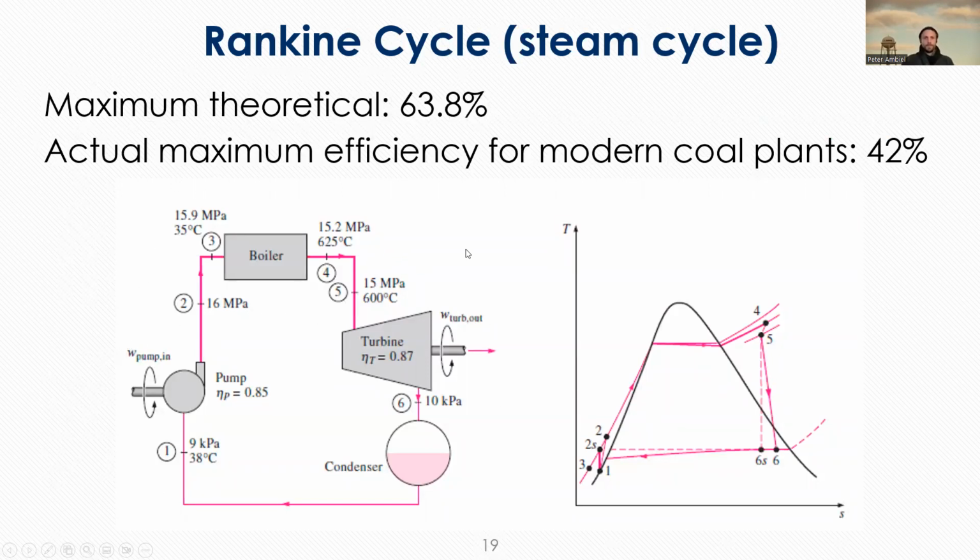In this diagram here, this is known as a Rankine cycle, where I have a pump that essentially pumps water into a boiler where it gets turned into steam. That steam gets sent through your turbine to spin it and produce electricity.